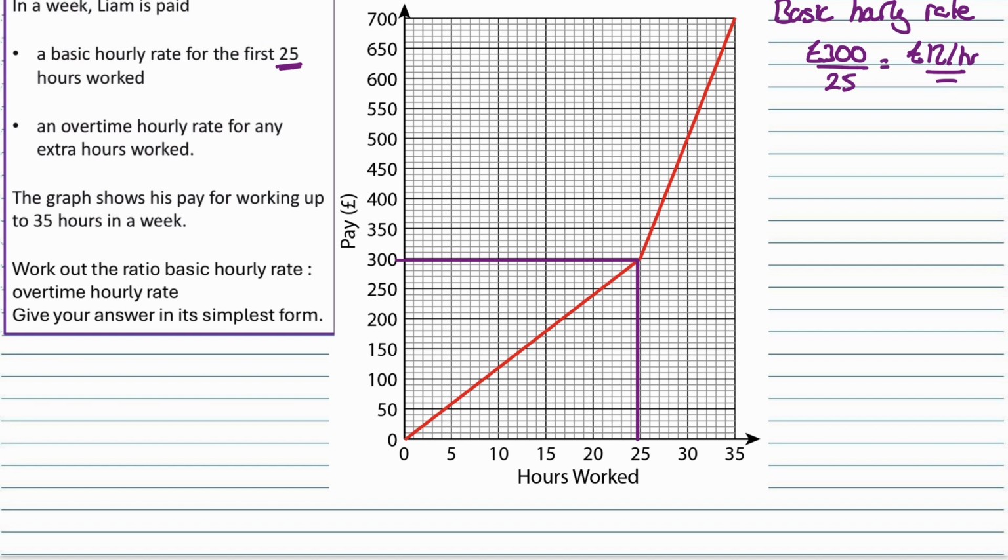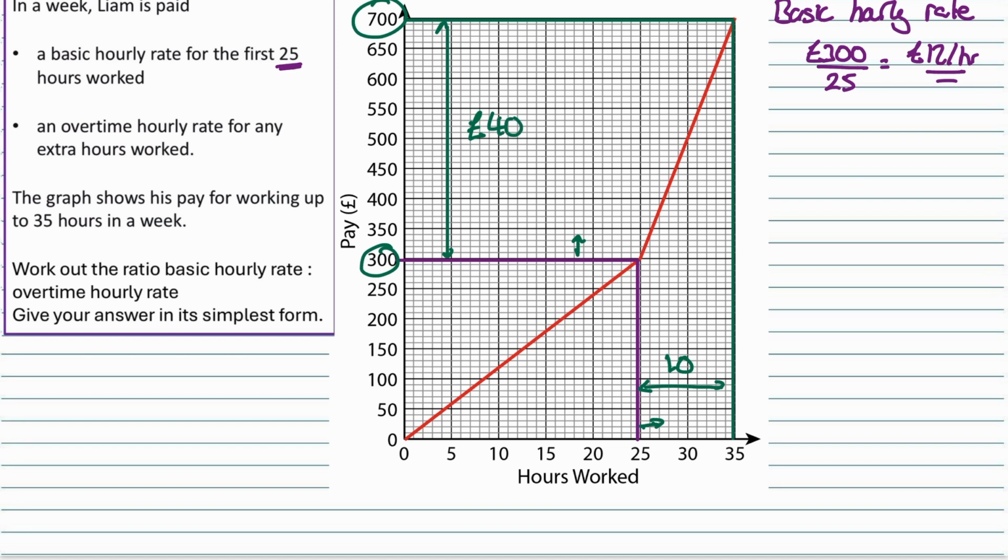Now for the overtime, anything above the 25 hours up to the 35. So if we go up to our line at 35 and then across, you can see he works a total of 10 hours between the 25 to the 35, and he gets paid a total of 700 minus the 300.